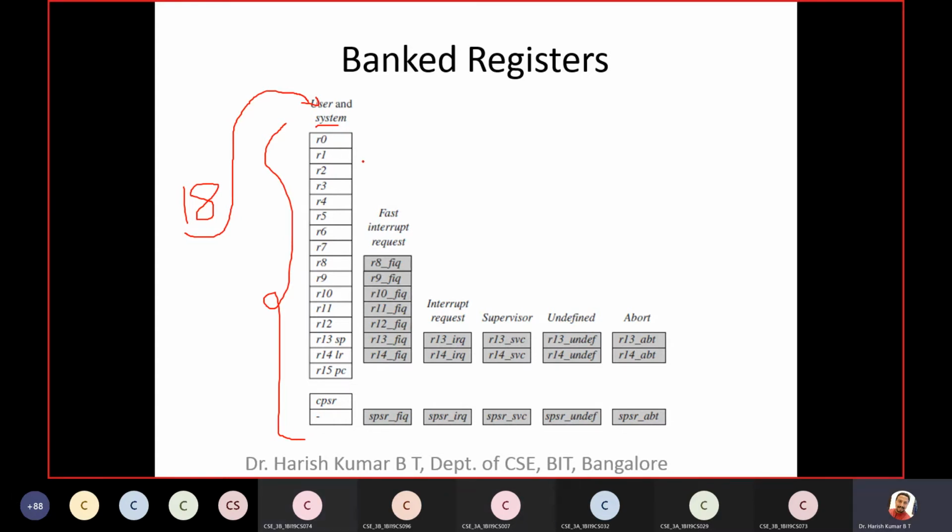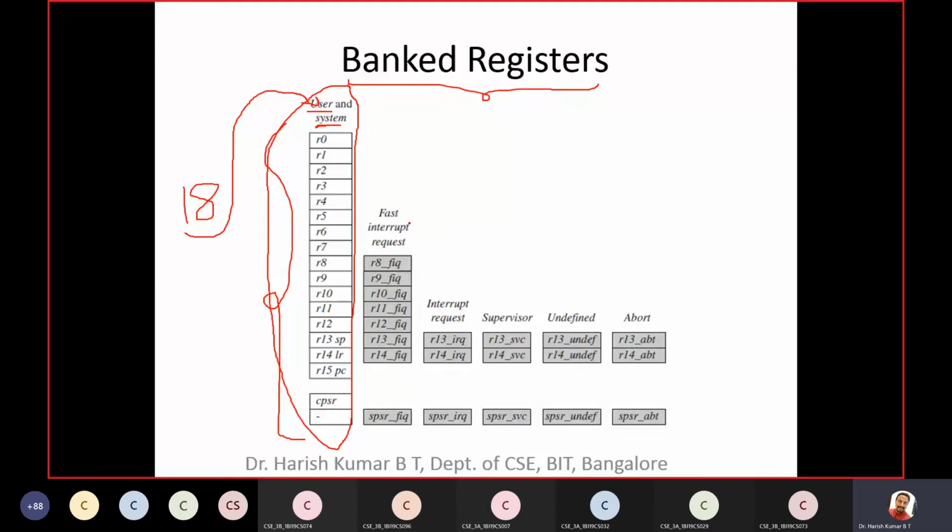Now there is something called banked registers also. These things are not called banked registers. These are the 18 active registers which are available for use by the user and the system when the CPU or the microcontroller is operating in the user mode or the system mode.